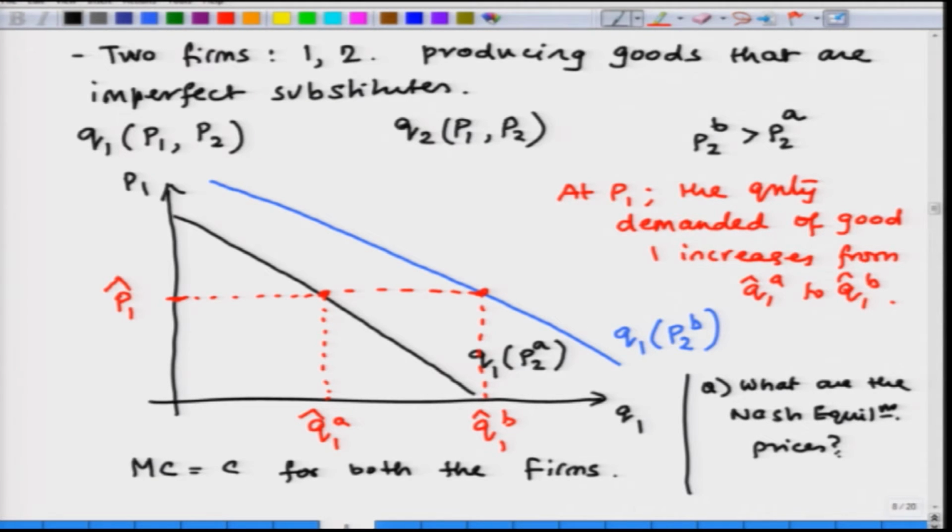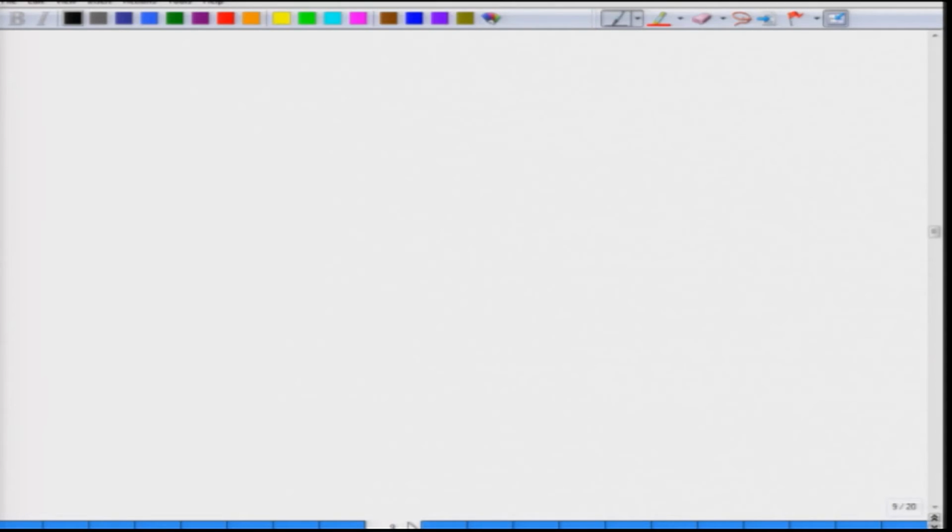Now, to get the Nash equilibrium prices, as before, we will write down the best response functions, right. So, we will write down the profit function of firm 1, figure out what is the best response for firm 1 to each choice of firm 2's price. We will do the same thing for firm 2, and then we will figure out what are the P1 star and the P2 star. Okay. So, let us first write down the profit function of firm 1. So, firm 1's profit is the total revenue minus the total cost.